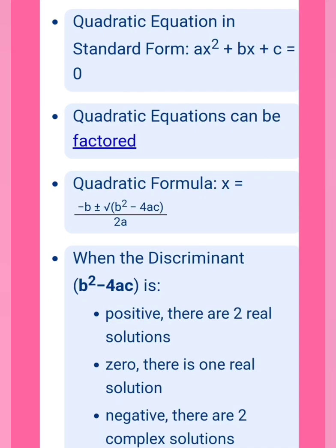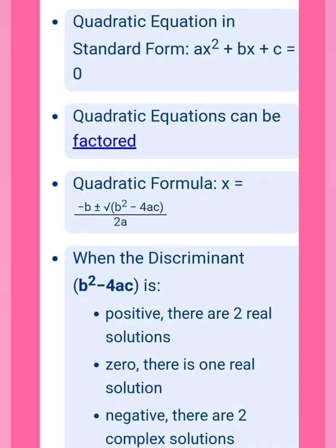The quadratic equation can be factored as x minus a1 into x minus a2 is equal to 0, where a1 and a2 are the roots of this equation. The quadratic formula will be x is equal to minus b plus or minus square root of b square minus 4ac whole divided by 2a.